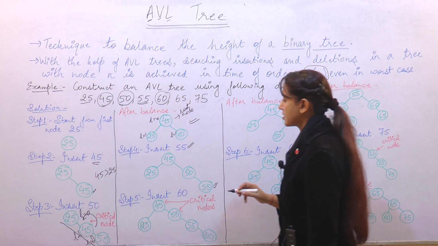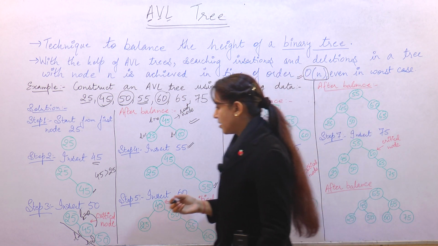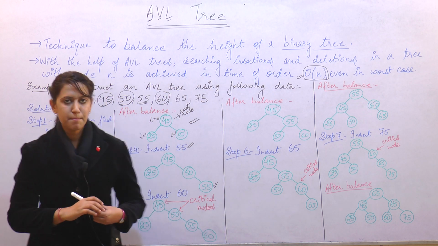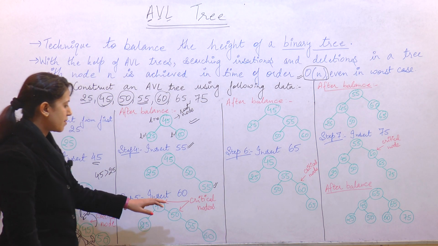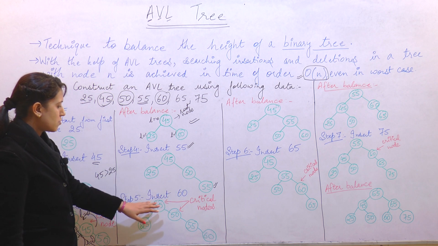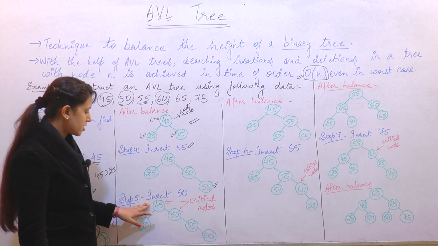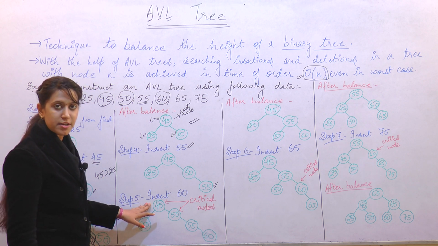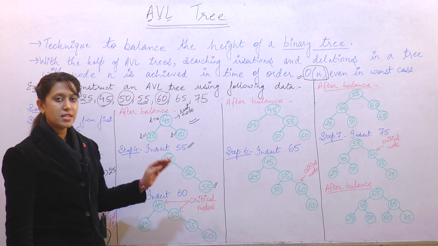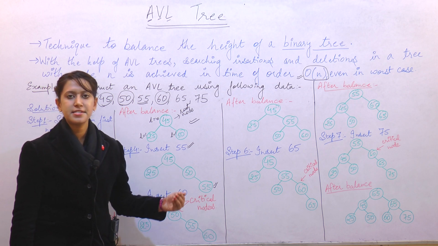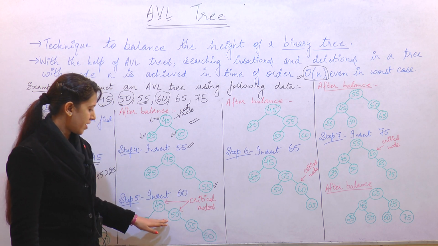For inserting 60, we will again do the same comparison, that is we will start comparing it from the root node. We will compare 60 with the root node. Root node is 45. Since 60 is greater than 45, that means we will go to the right side of the root node 45.